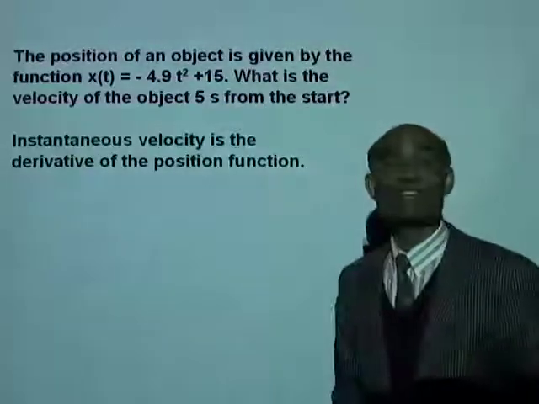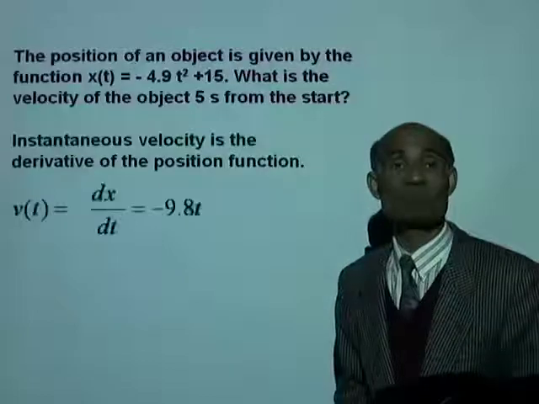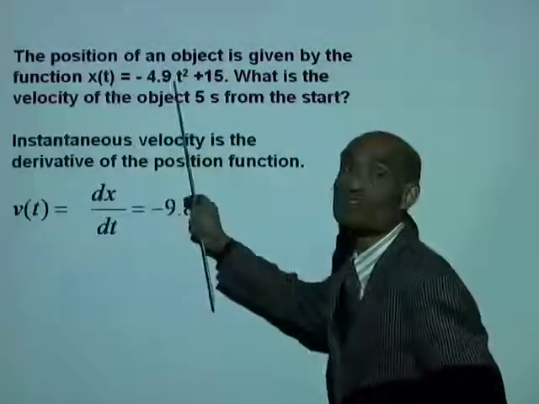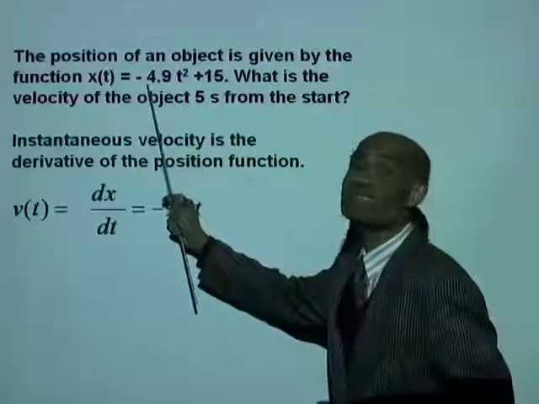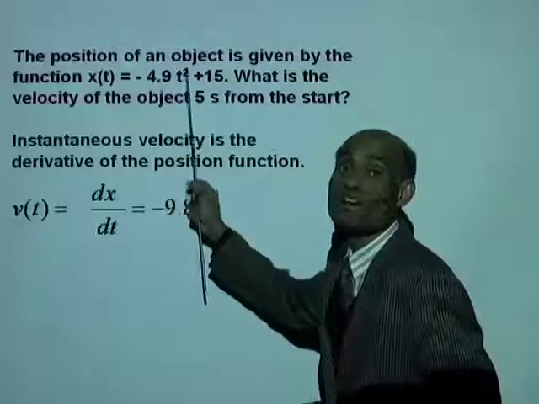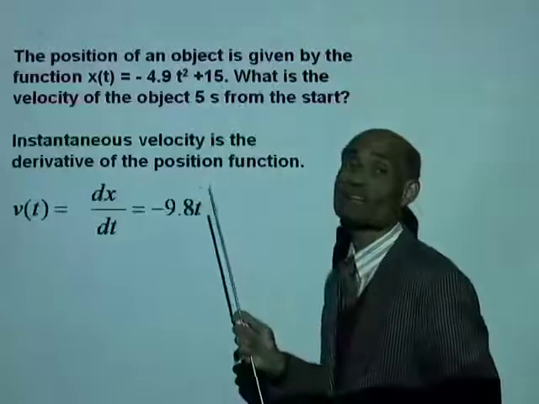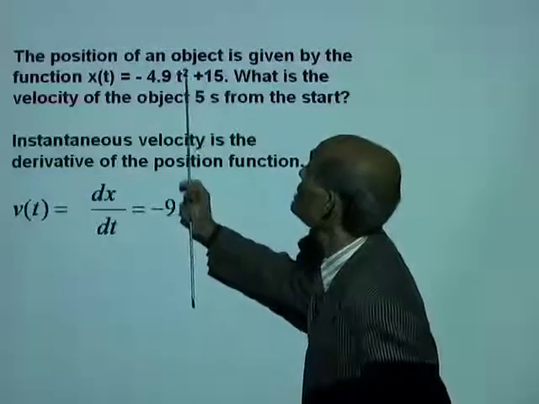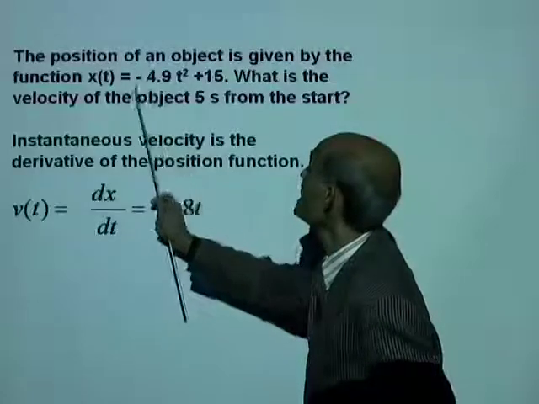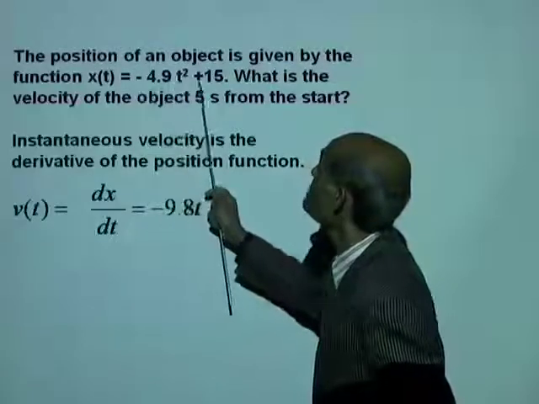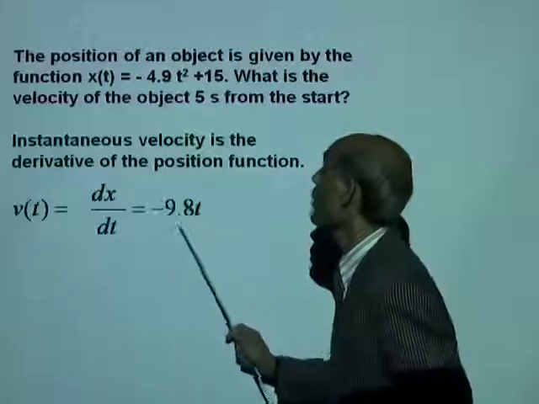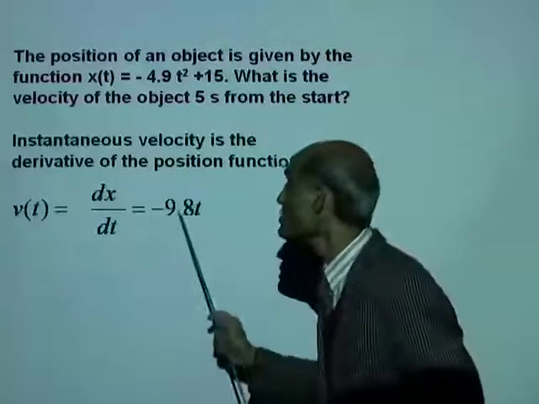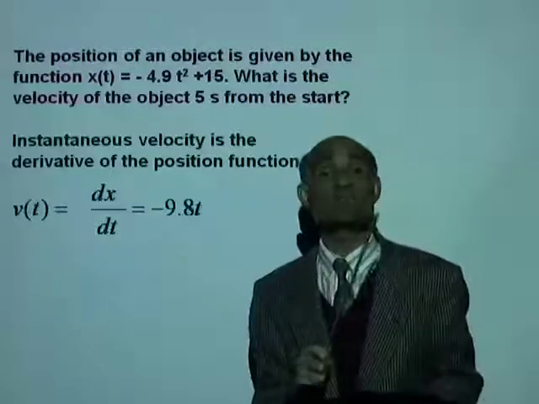Instantaneous velocity is the derivative of the position function. What is the derivative of this function? x of t is negative 4.9 t squared plus 15. The derivative of this will be dx by dt, use the power rule, negative 9.8 t plus 0, or the velocity at any time is negative 9.8 t.